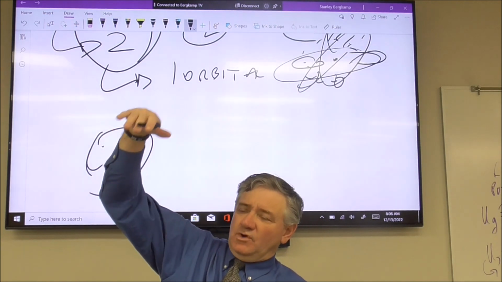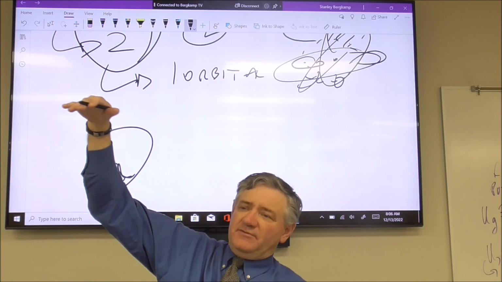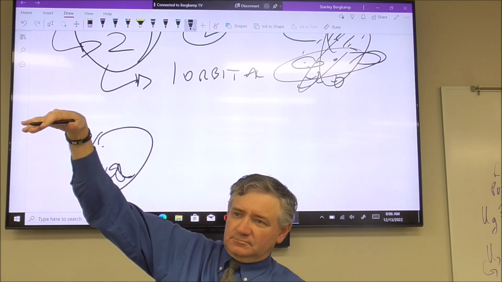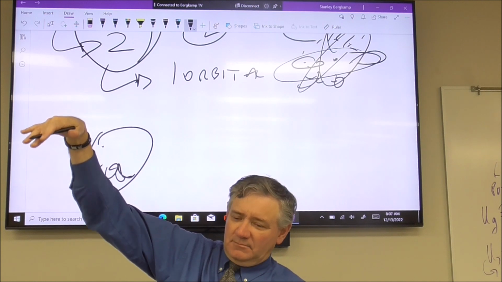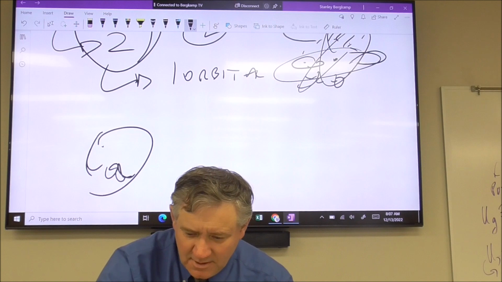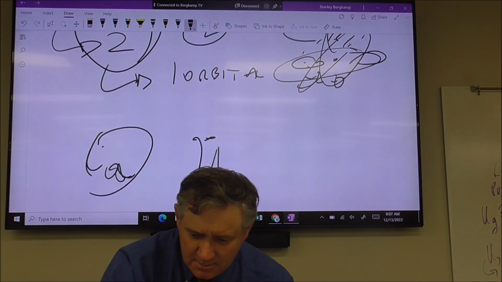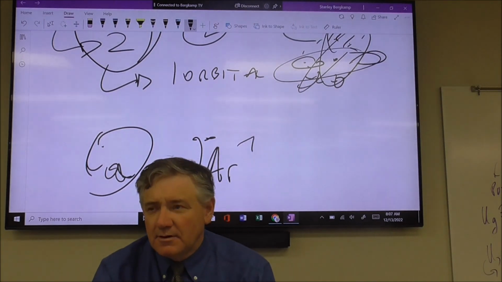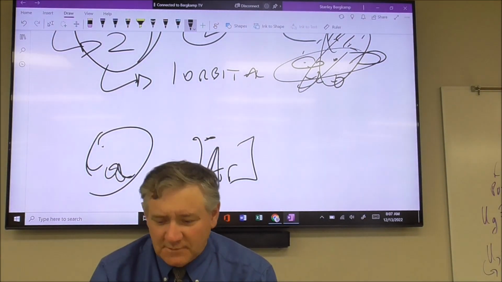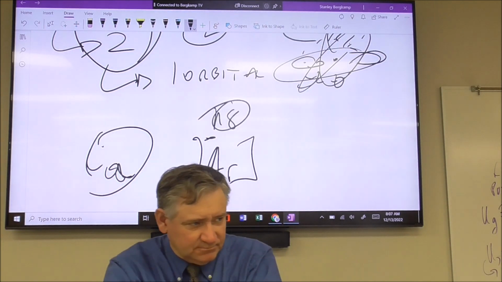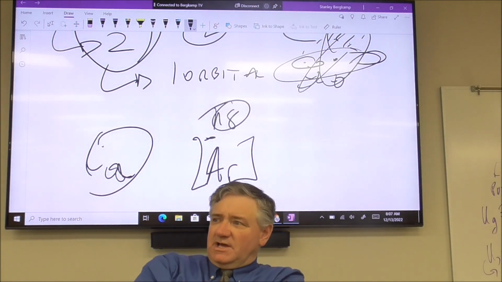What is the noble gas in the row above calcium? Argon. What's the atomic number of argon? 18. So that gives me 18 electrons right there. So there's that core.